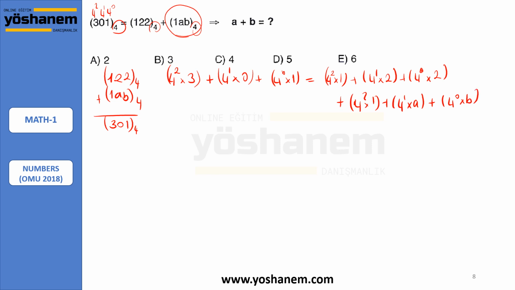Okay, this is 16 times 3 plus this one is 0, so I don't have to write it. So this one is 1 times 1 is 1. Okay, and this is 16 also, plus 8 plus, it's 1 times 2, 2, plus 16 plus 4a plus b.